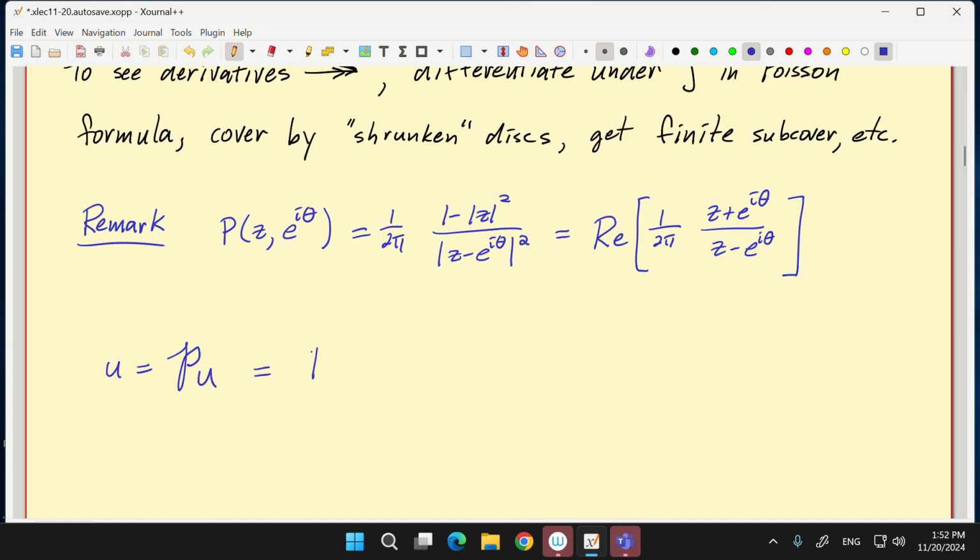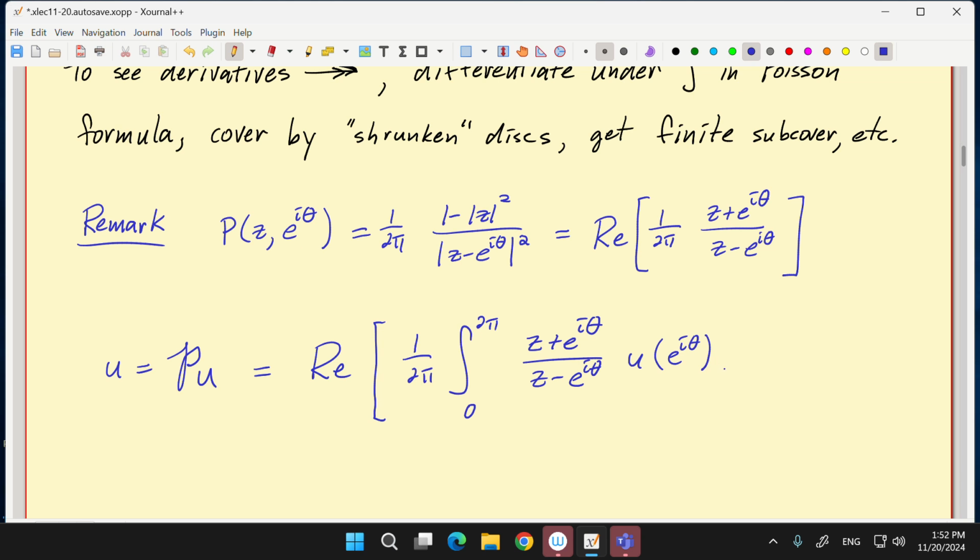And that's going to be equal to the real part of 1 over 2 pi, integral from 0 to 2 pi of z plus e to the i theta over z minus e to the i theta, u of e to the i theta. Let's be on the unit disk. Now I put a d theta. And I wish that was the contour integral.